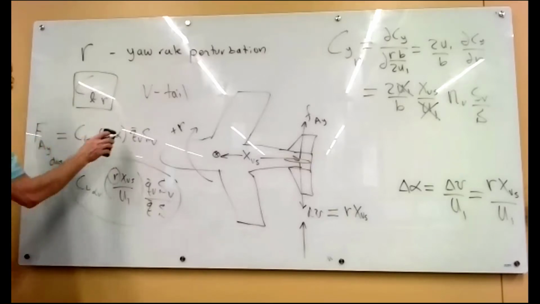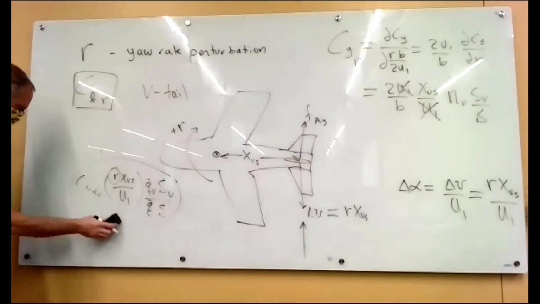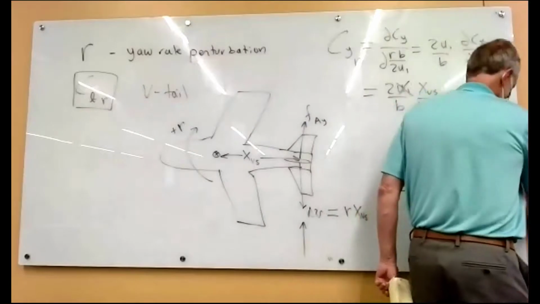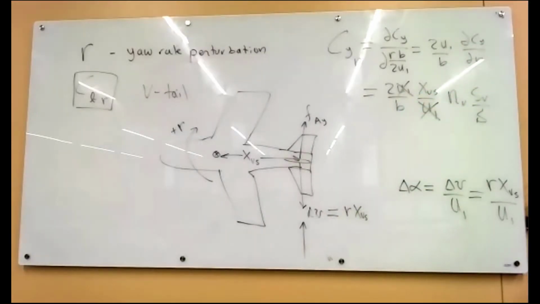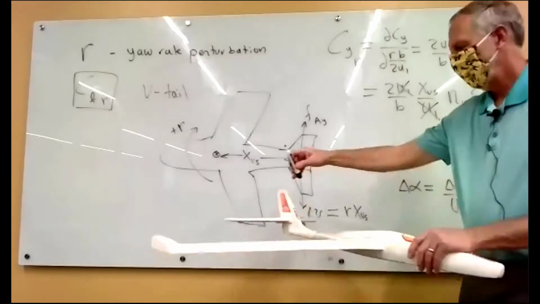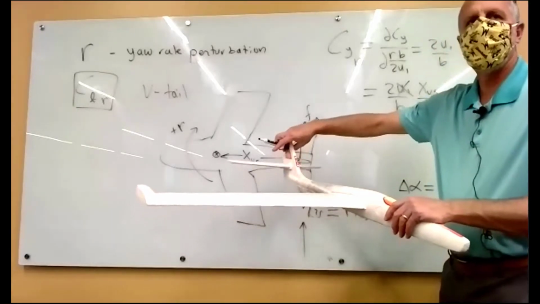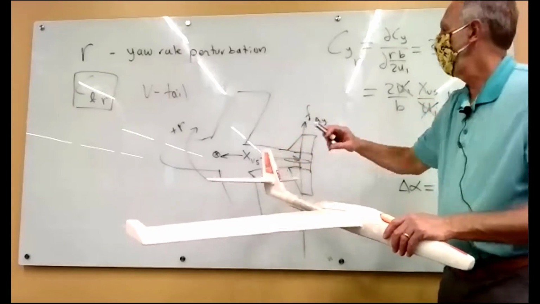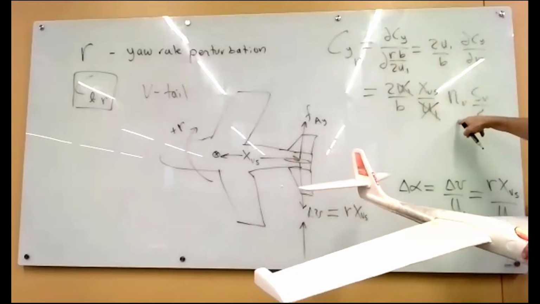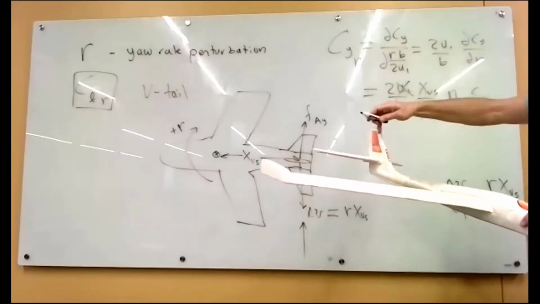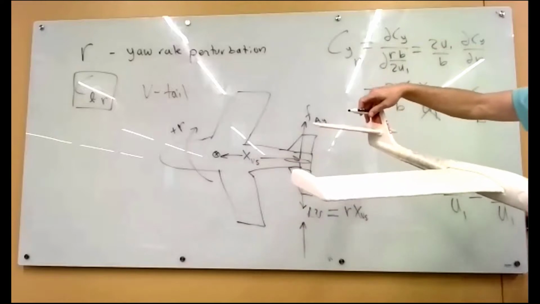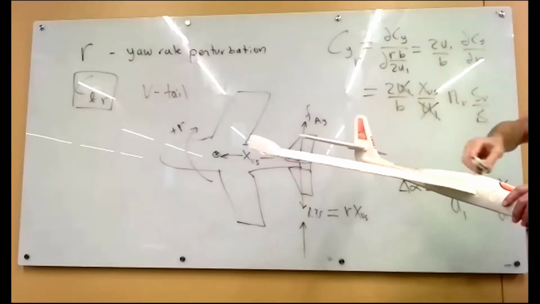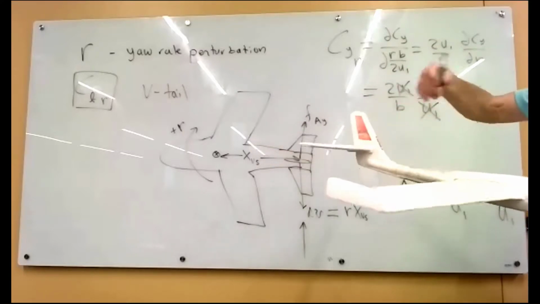I'm leaving my airplane up here because what creates the rolling moment is that side force vector that we just calculated, times the vertical distance. So really, we've already done this. We've got CYR, that's the force due to R. We just multiply by that vertical distance, and we've got the rolling moment of the vertical tail part. And in fact, we multiply by the horizontal distance, and we get the yawing moment part. We'll do that in a minute.